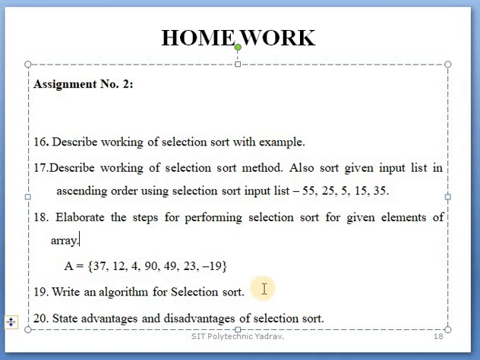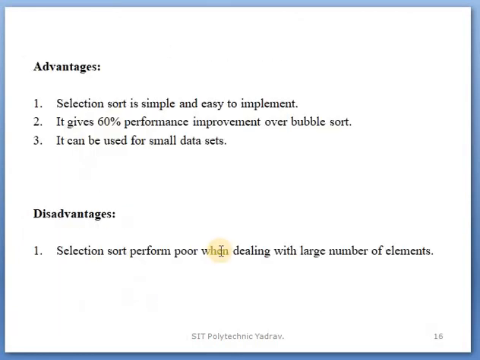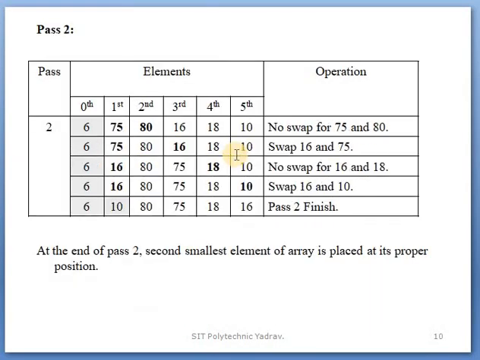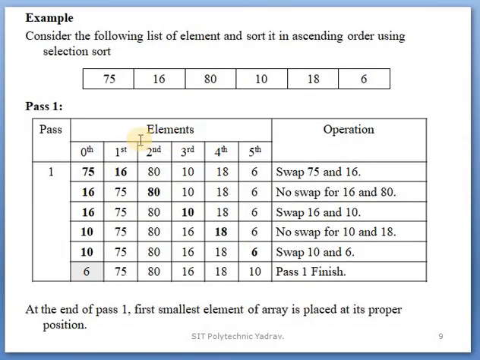One point: if the question does not mention the order, use ascending order only. If a question mentions descending order, then the numbers are ordered in descending order. In the program, only the greater than sign is changed to the less than sign, same as in bubble sort, but your syntax will change.